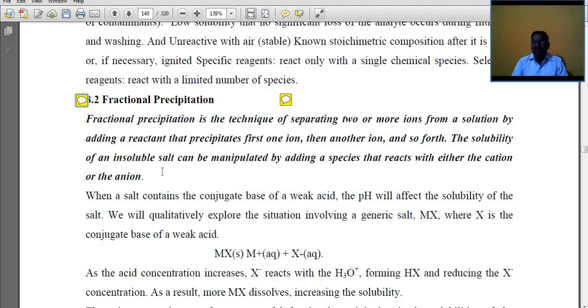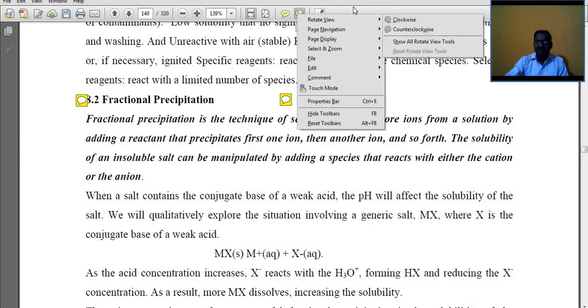and so forth. The solubility of an insoluble salt can be manipulated by adding a species that reacts with either the cations or the anions.